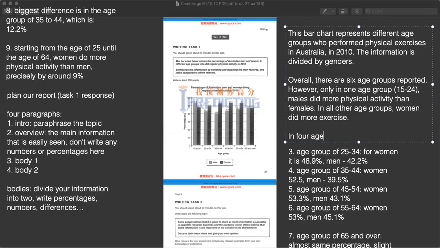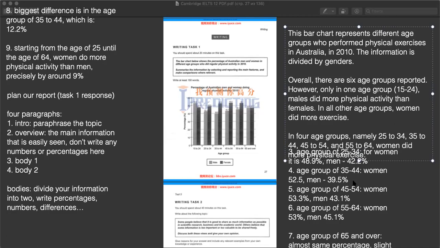Maybe we're going to write it like this: In four age groups, namely 25 to 34, 35 to 44, 45 to 54, and 55 to 64, women did more physical exercise.